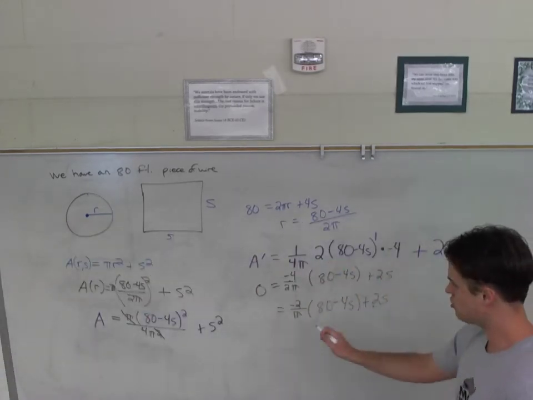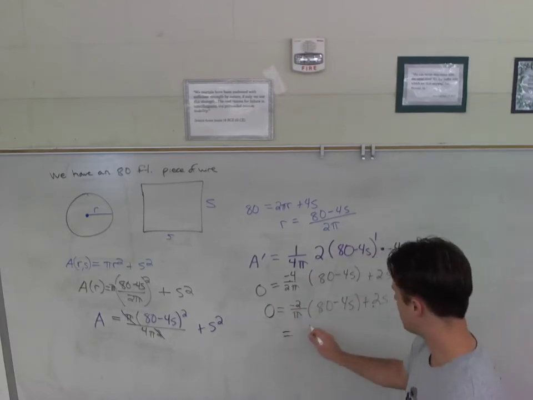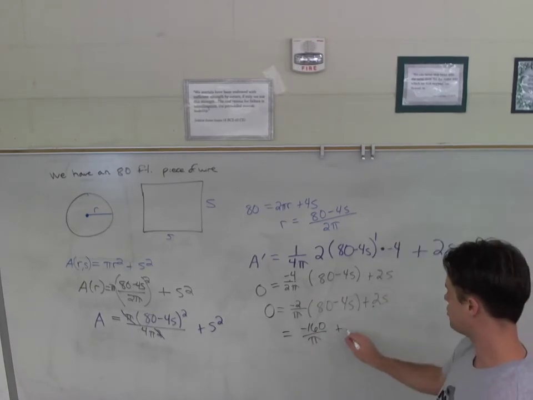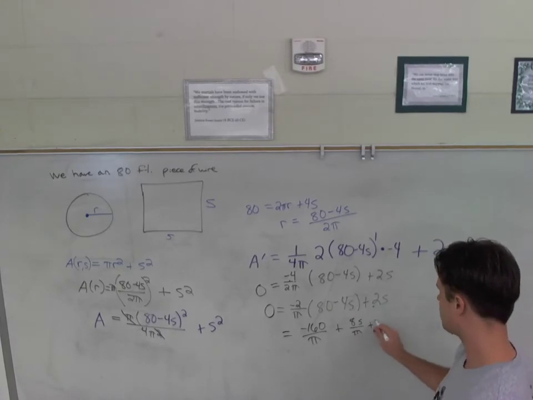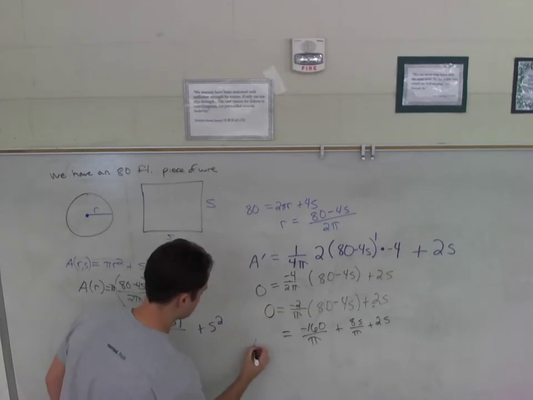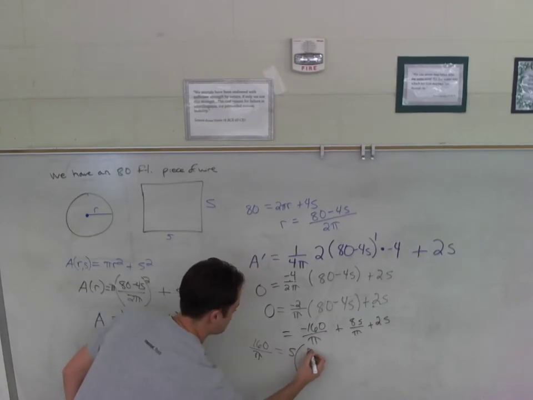Okay, we're setting this to 0. So we should probably collect some like terms. So we've got negative 160 over pi. And then this is going to be positive 8s over pi plus 2s. I'm going to move that to the other side. So 160 over pi equals, I'm going to factor out my s. So that's 8 over pi plus 2.